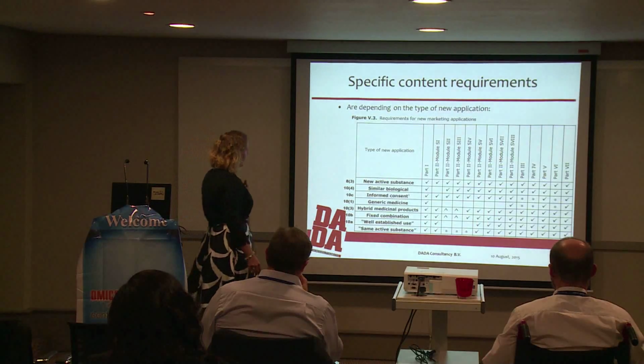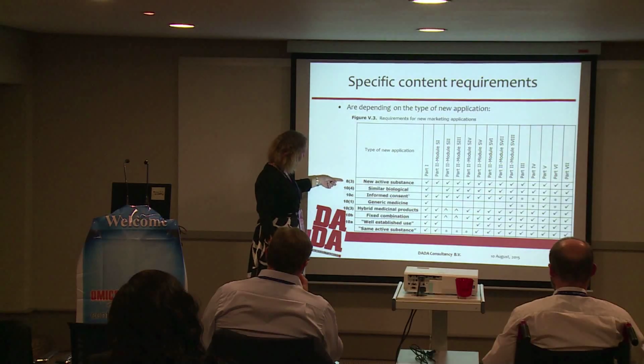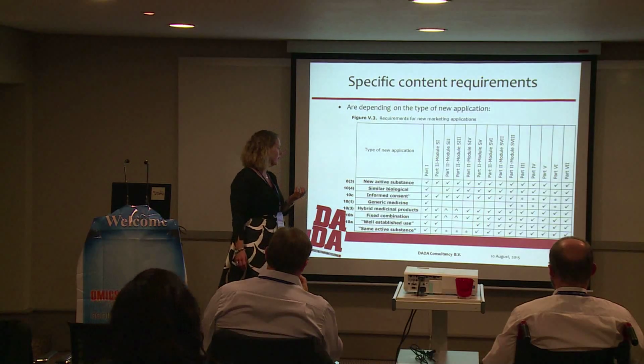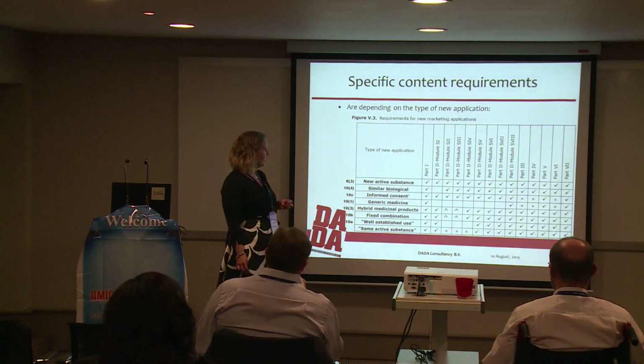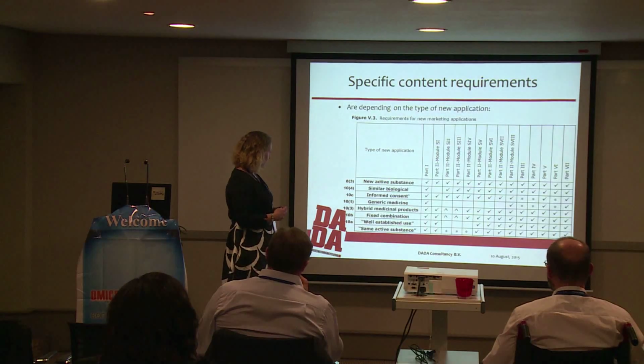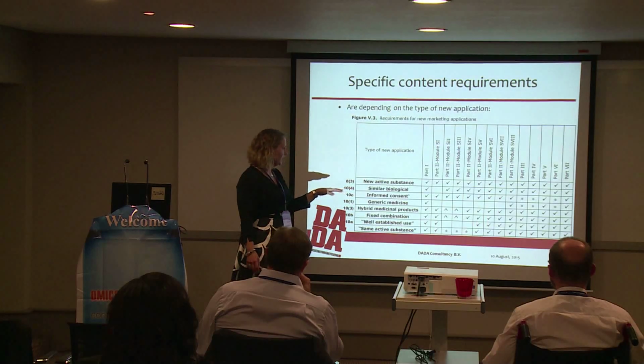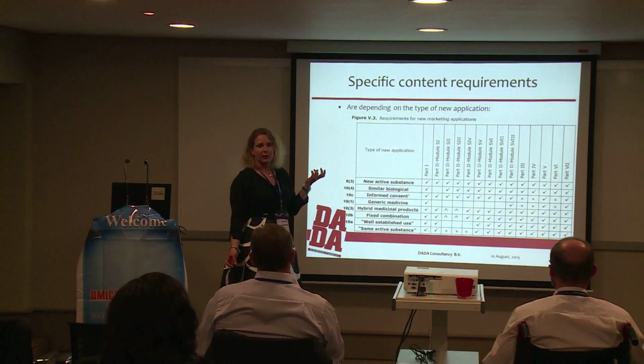So when you're developing a new active substance, this is 8.3, you have to write the whole risk management plan, and then you would easily get to 60 pages. But let's say, for example, you're at Dr. Reddy's and you make a generic medicine, then you can omit like half of the information that would be referring to the reference medicinal drug or to the innovator.